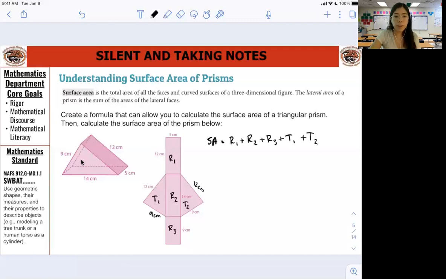Now, let's label some of this. If I label the 14, that's my base. Or no, that's my length. Here's my width. Do we know the height of this prism?